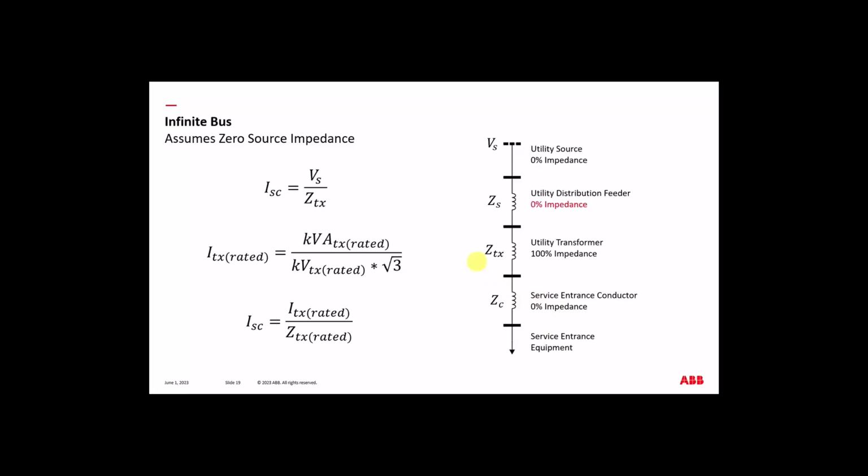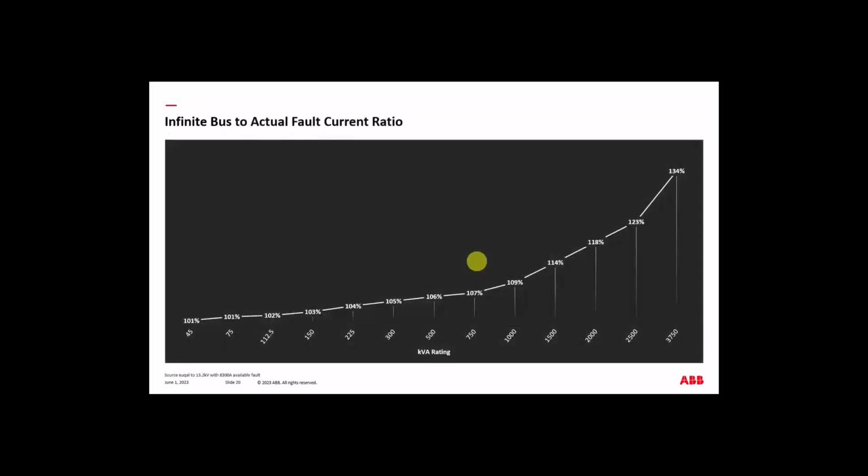If you're not sure about relying on what that primary short circuit is going to be, and you just want to be a little more conservative, do an infinite bus. And this has surprised me a little bit. Using EasyPower to do the calculations, I plotted out the difference between the calculation based on infinite bus versus using the actual fault current, which I was assuming is the 8.4 kA at 13.2.